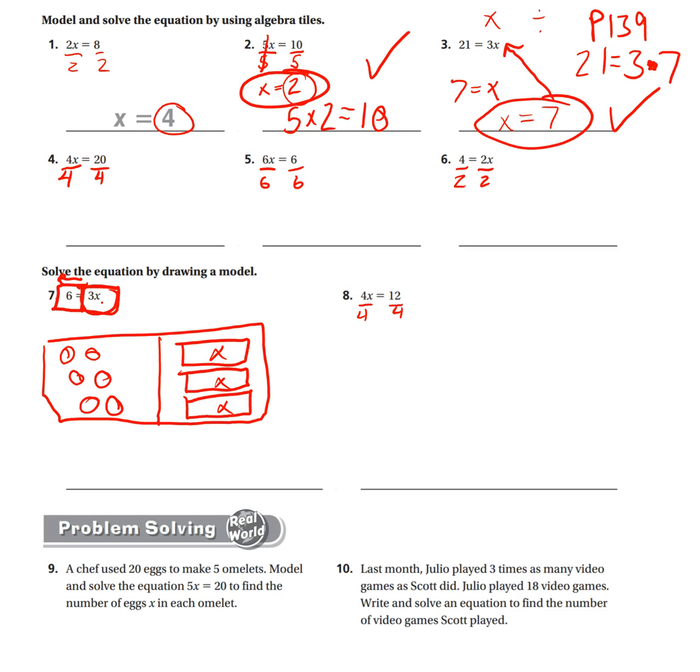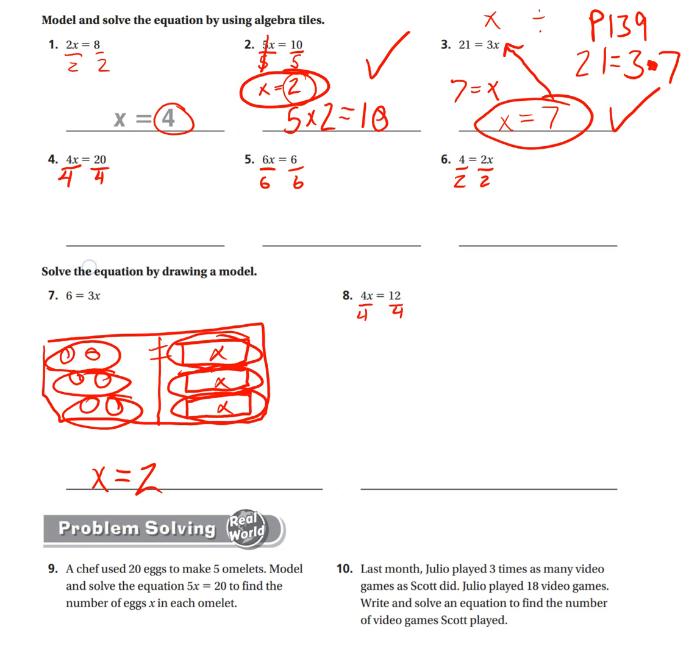The coefficient is what tells me how many equal groups. So 1, 2, 3 equal groups on the right. So each group on the right has 1 x, and then 1, 2, 3 equal groups on the left. And the equal groups on the left each have 2 1 tiles in them. So for every x tile, there is a group of 2 1 tiles. So x equals 2.